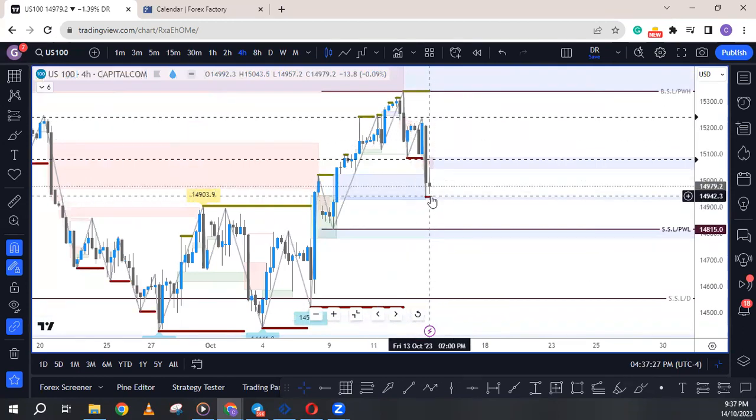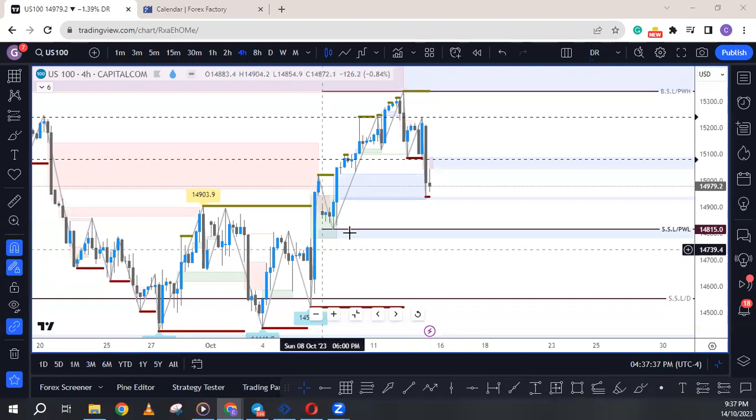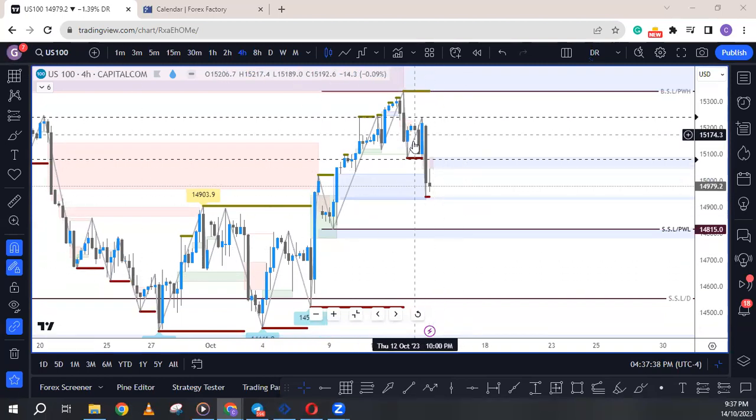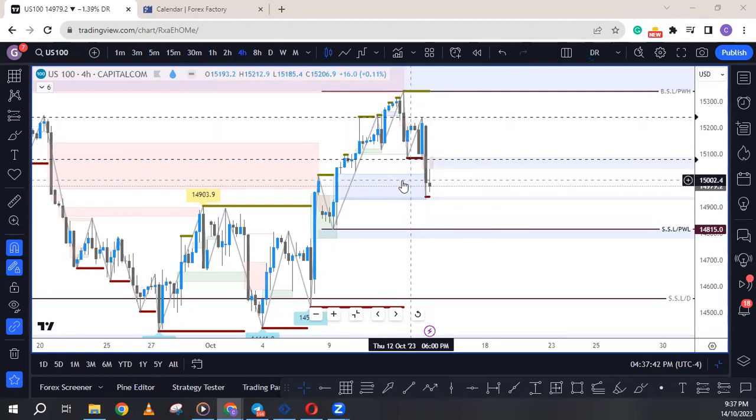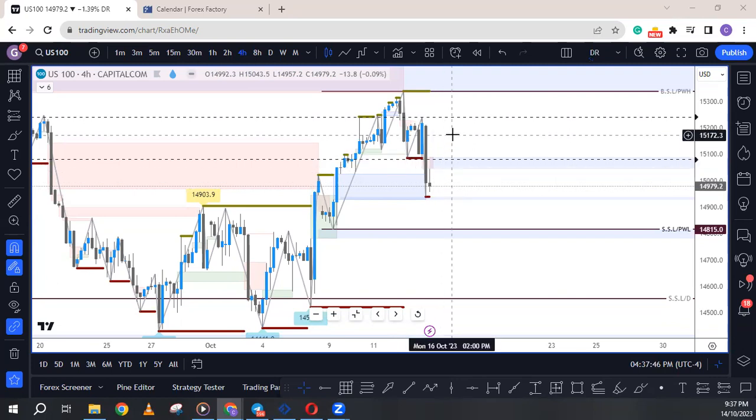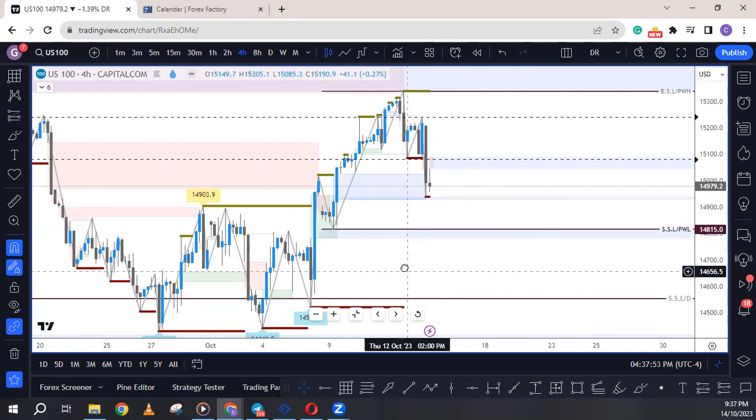As you can see, it's sitting within a 4-hour bullish fair value gap, and a 4-hour fair value gap down here. So there's a possibility we might see a rally. If it's to continue down, it would rally first and then come down to probably this low.